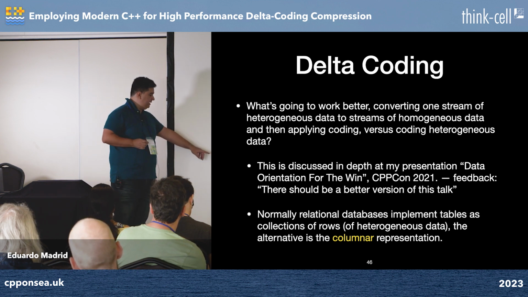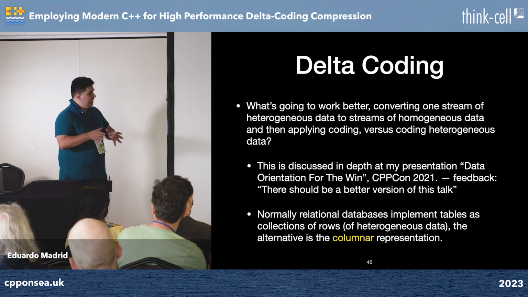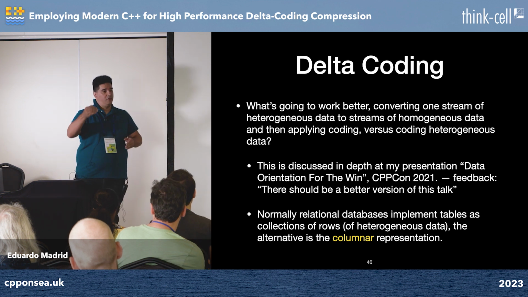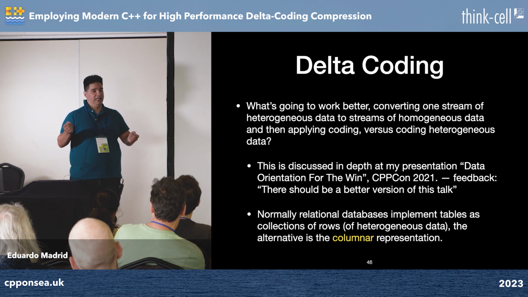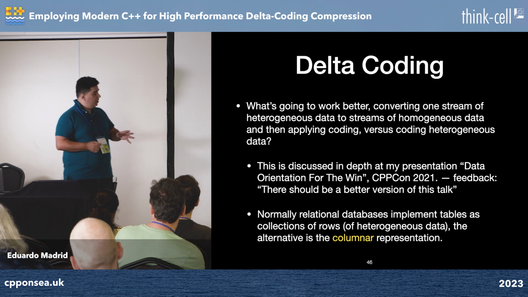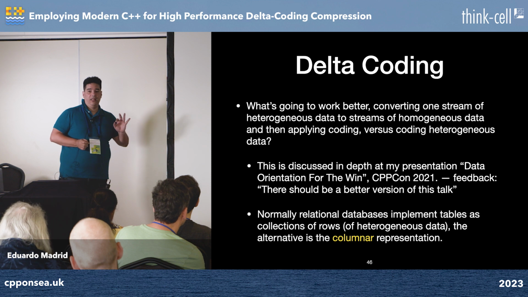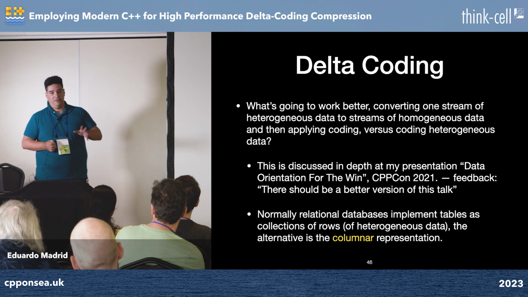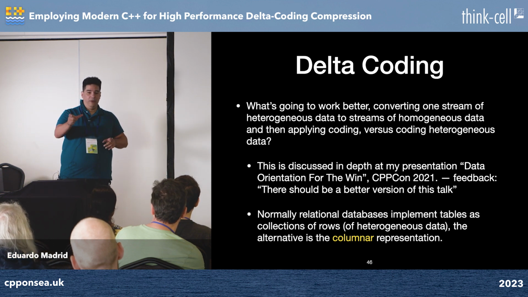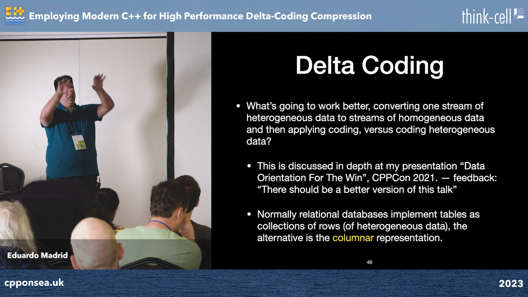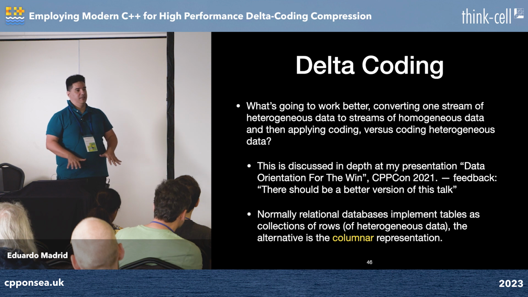So we're approaching the end of the presentation. Normally, relational databases implement the tables as collections of rows of heterogeneous data, and that is not as good to represent streams of data, like time series, as the equivalent of representing the tables as collections of columns of homogeneous data.